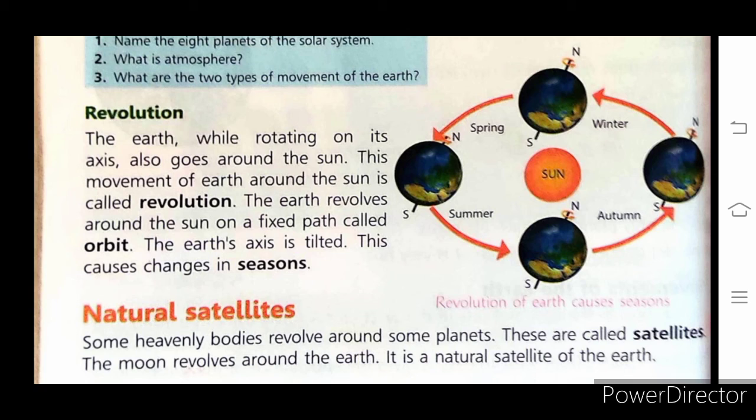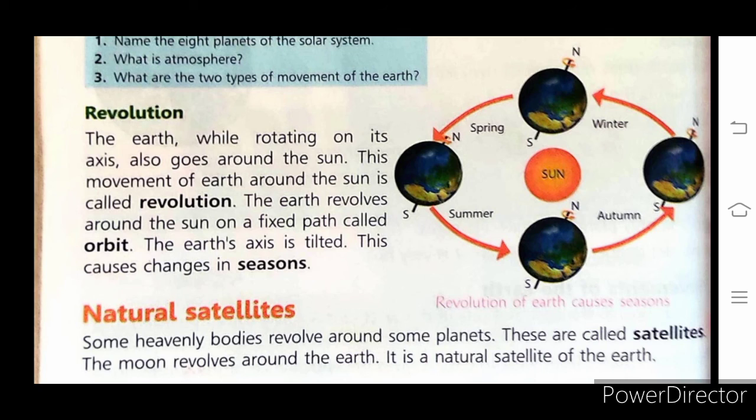The earth revolves around the sun on a fixed path called orbit, the path where the earth moves around the sun. And the earth's axis is tilted. This causes changes in season.